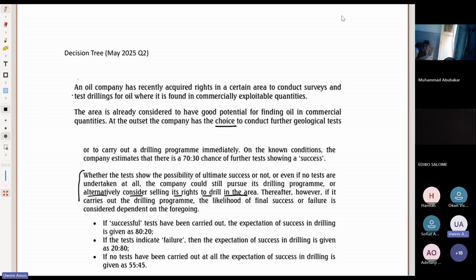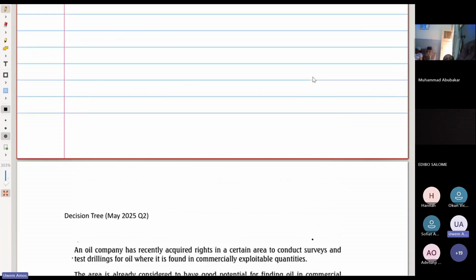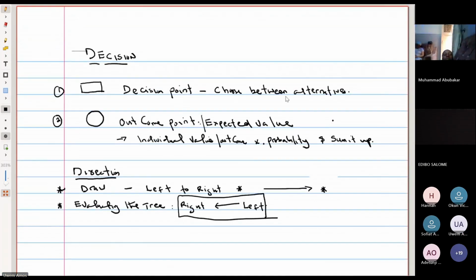So whenever you draw a decision tree, you need to first ask yourself, what are the decisions the company is trying to make at the very start? Because we're looking at decisions between alternatives, we use the rectangular shape for a decision.